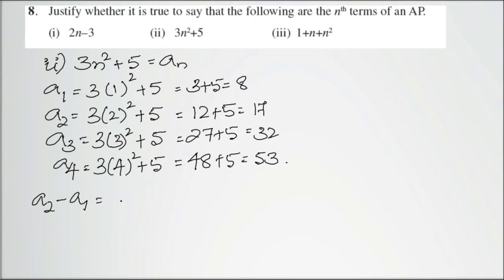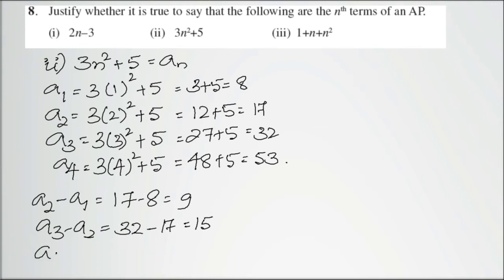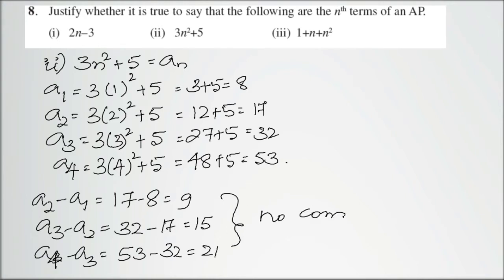Here let's look at a2 minus a1. a2 minus a1 will be 17 minus 8, which will be 9. a3 minus a2 will be 32 minus 17. If you find the difference, it is 15. a4 minus a3 will be the fourth term, 53 minus the third term, 32. The difference is 21. Here there is no common difference.